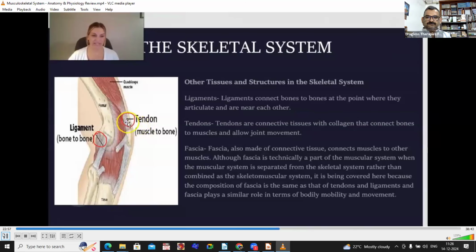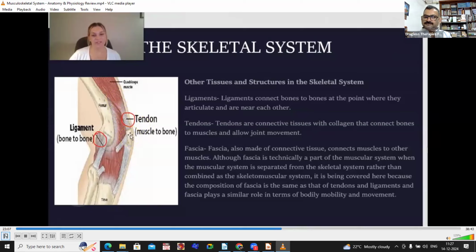So you can see the tendon here. Here's the muscle. The tendon is connecting it to the patella, or the knee bone, that's right here. See, bone to bone connection is called a ligament, and muscle to bone is called a tendon.